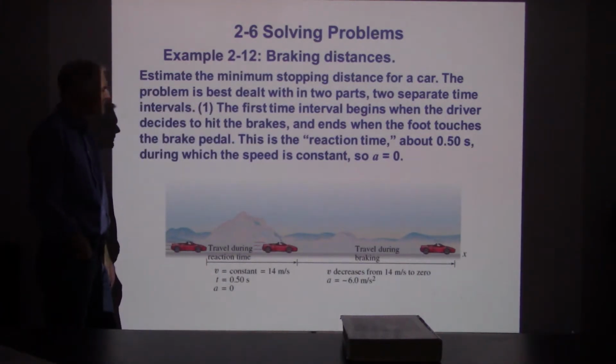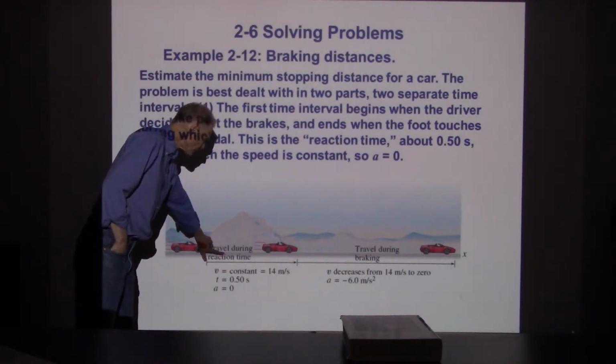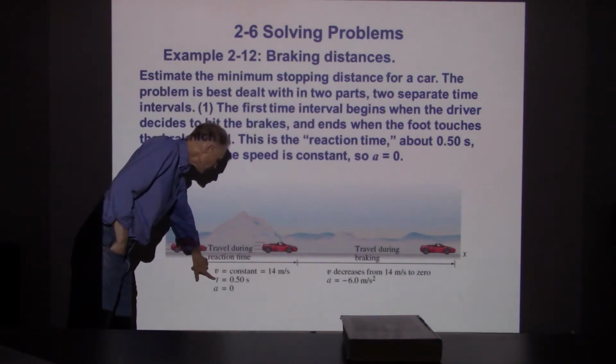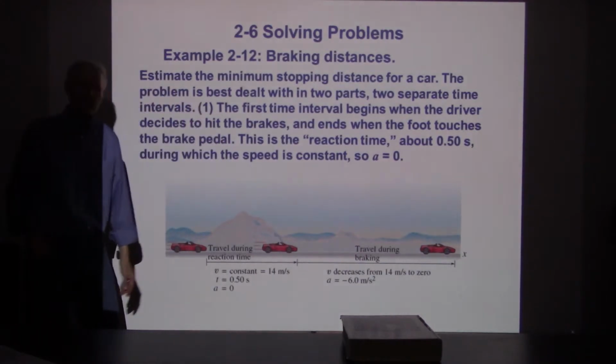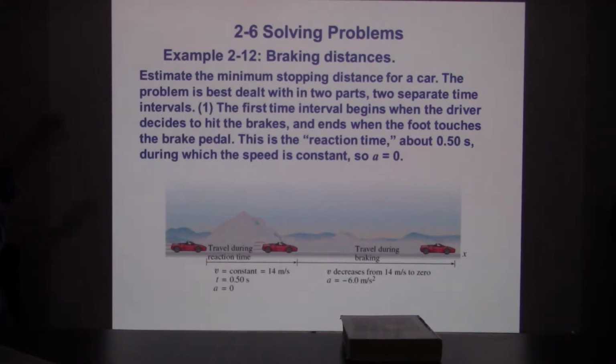And they did complicate the problem. Look at that. There's a reaction time of a 1/2 second during which the car continues to move at a constant velocity. So what they're actually asking is not how long it takes the brakes to stop the car. They're saying once the driver realizes they need to stop, how much distance are they going to cover?